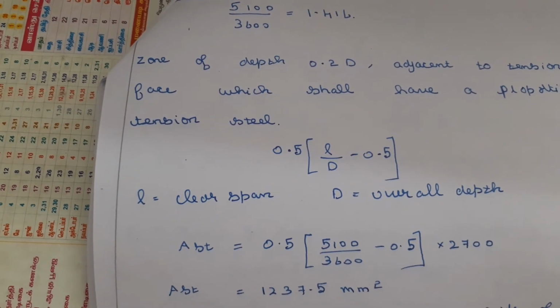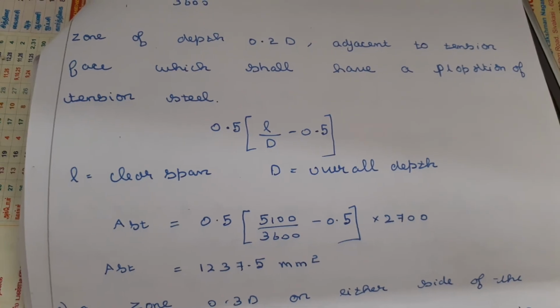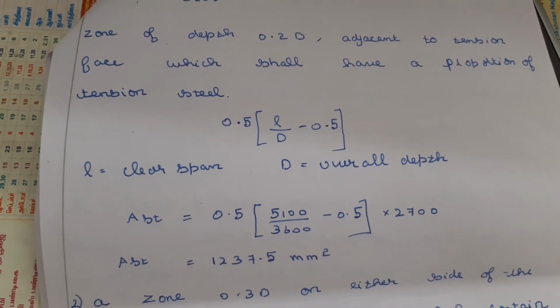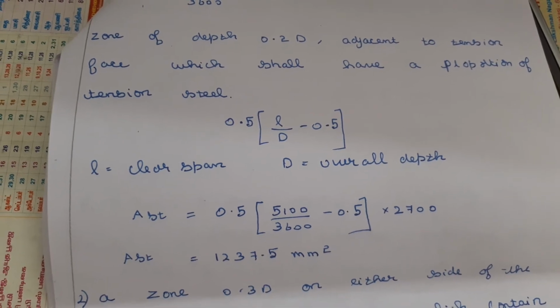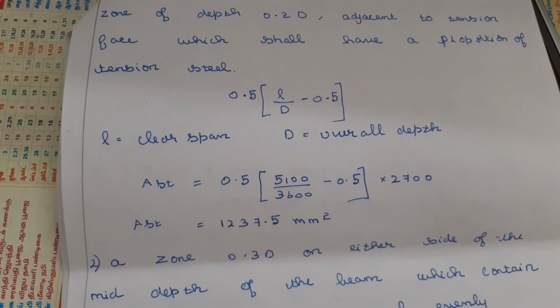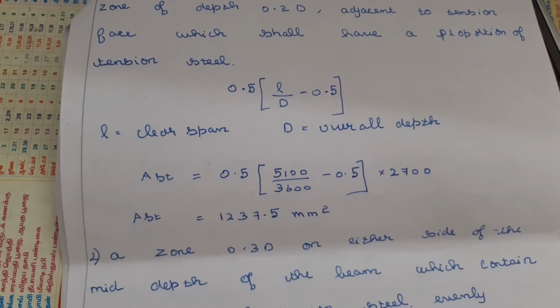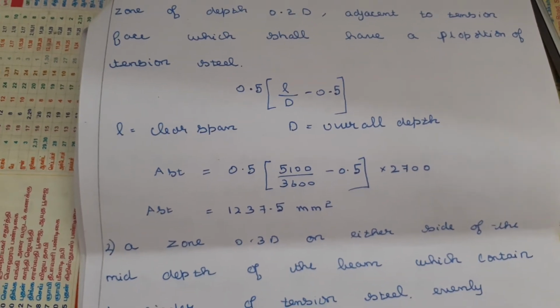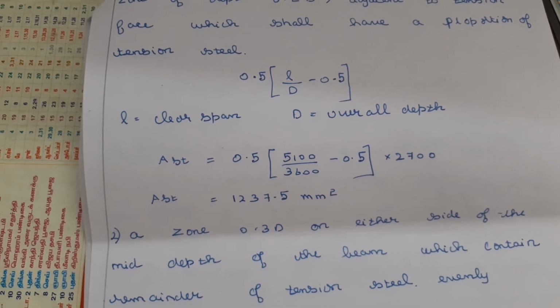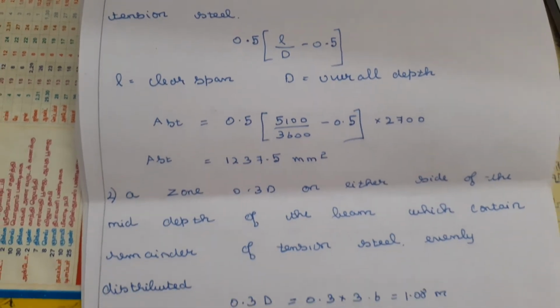A zone of depth 0.2d adjacent to the tension face shall have a proportion of tension steel. This is the statement. Okay, now we need to calculate according to this formula. When we calculate, the AST will be 1237.5 mm square.